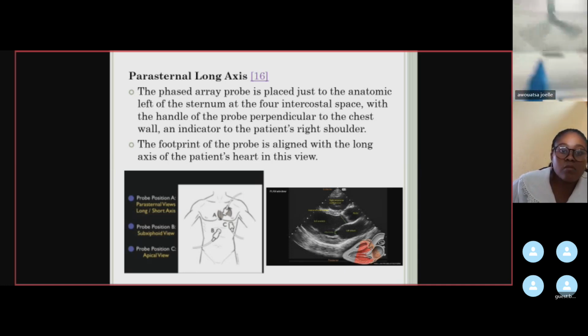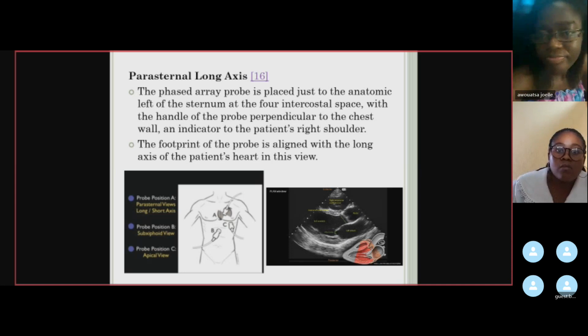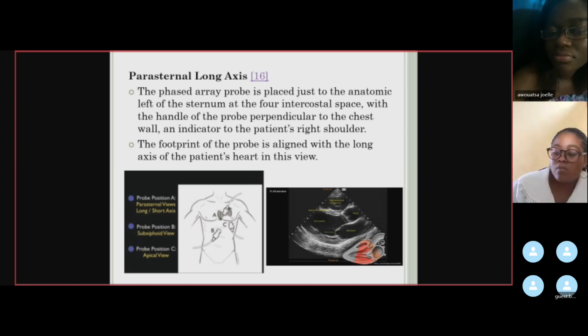In parasternal, there are two views: parasternal long axis, and the next one is the parasternal short axis. The location of the probe is the same, kept on the sternum between the fourth intercostal space.